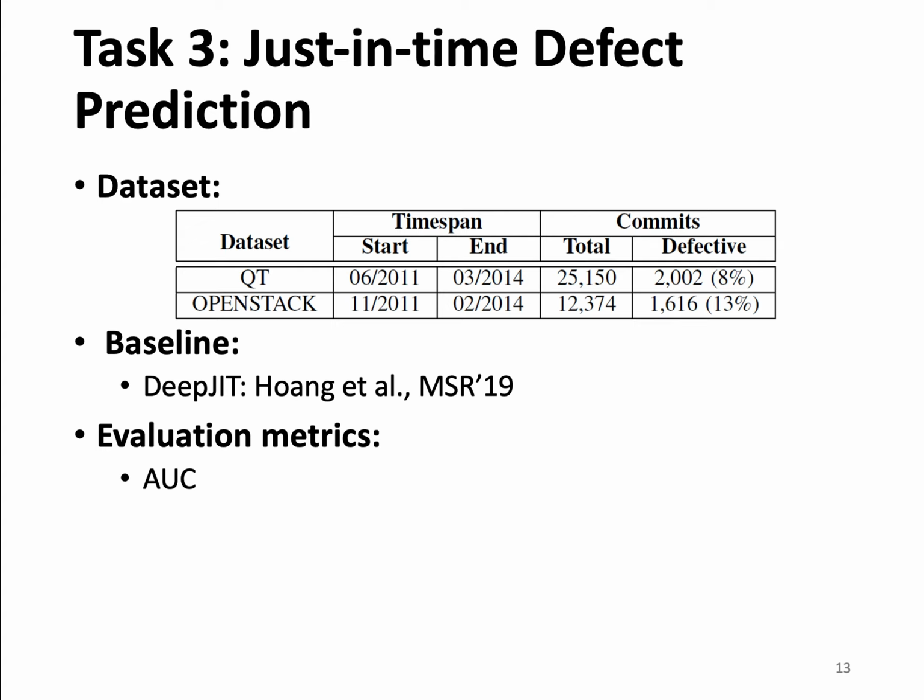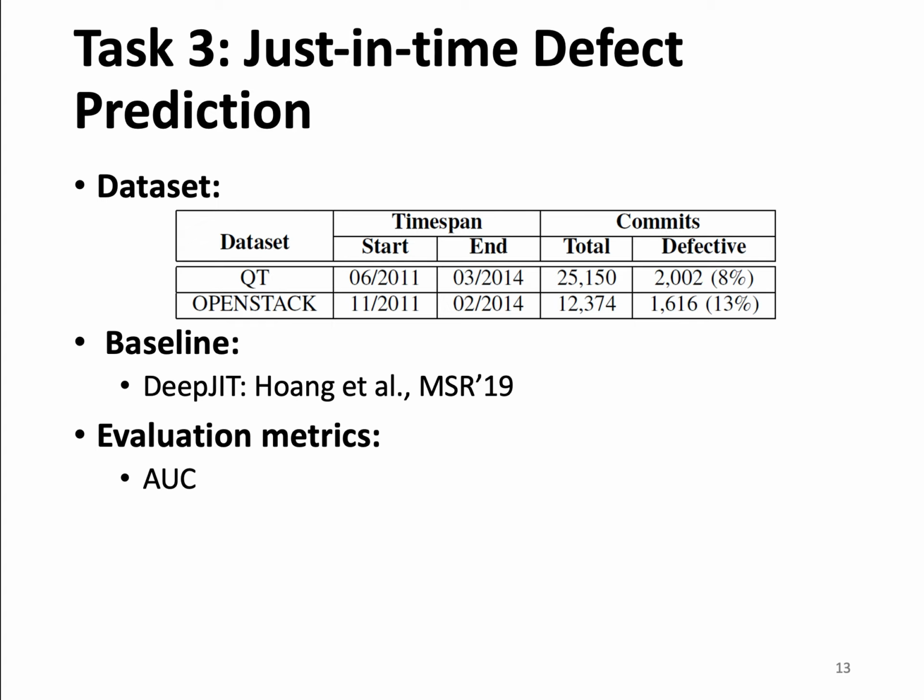In the last task, just-in-time defect prediction, similar to the previous task, CC2Vec is also used to learn the vector representation of the code change in the whole dataset, the training and the test data.